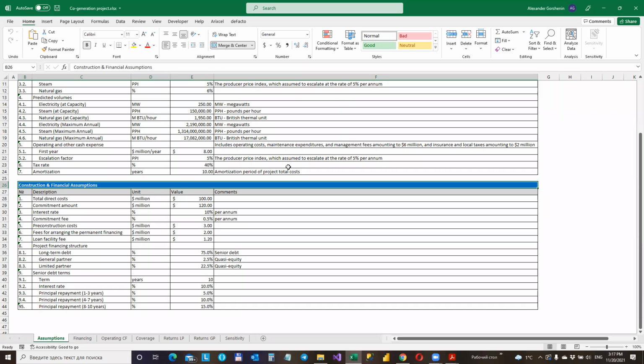So the loan commitment is designed to accommodate high interest rates during the construction period and high construction costs, for example, if we change something in design. Construction is expected to cost 100 million. Commitment fee and interest will add 7.3 million, bringing the total construction cost to 107 million.